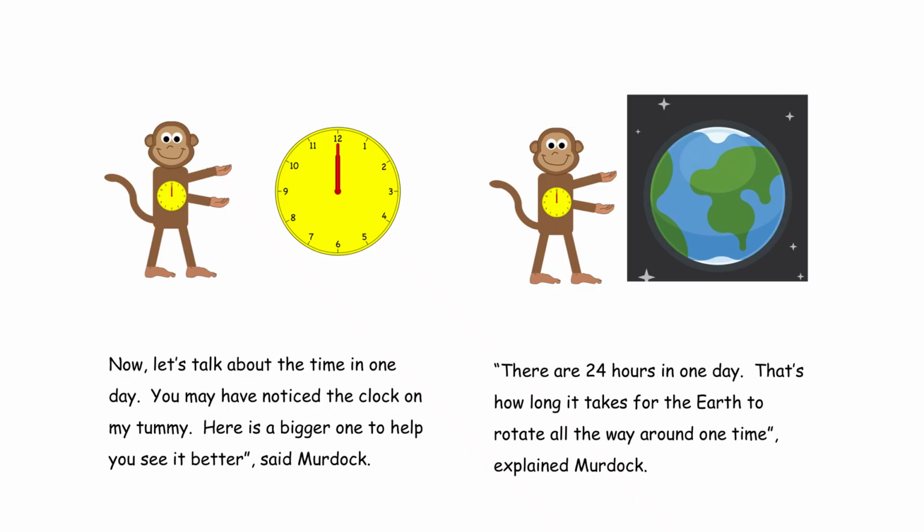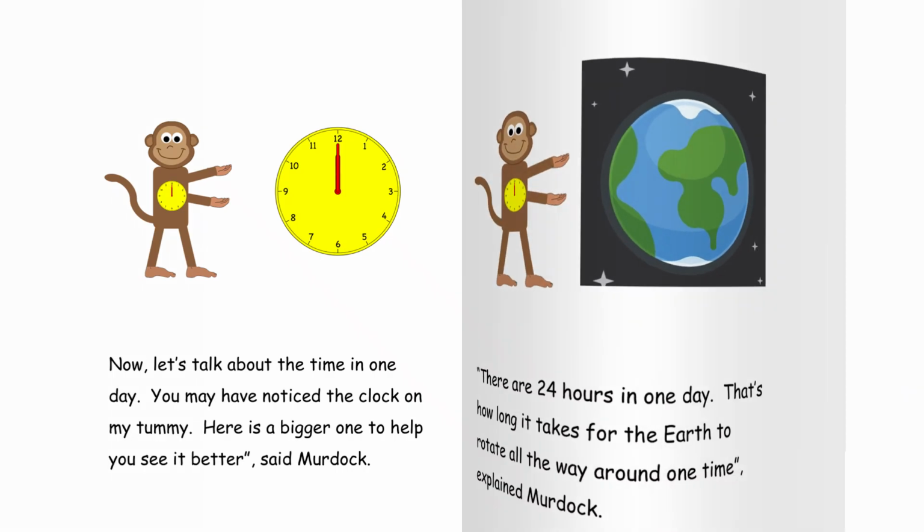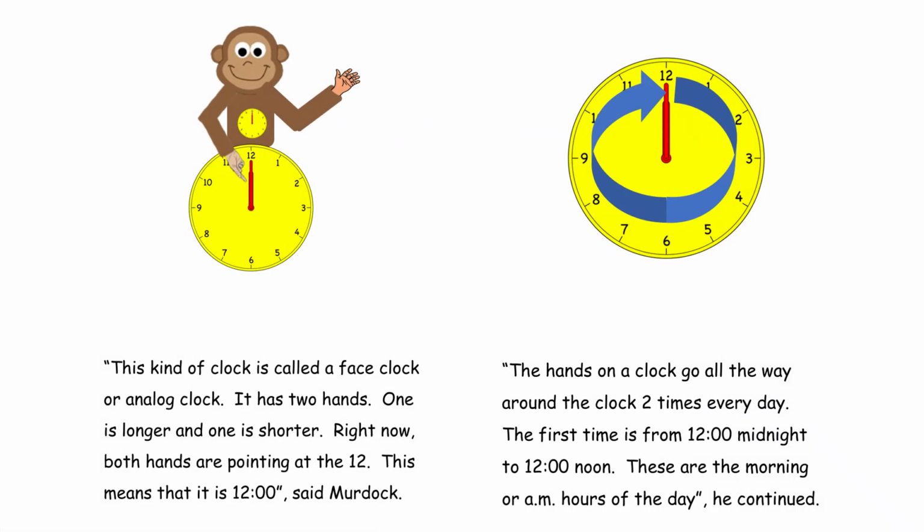Murdoch also explains about AM and PM and how the Earth rotates once every 24 hours. He relates that to how a face clock works, with the hands going all the way around the clock twice in that 24 hours. He introduces the vocabulary words noon and midnight and explains what they mean.